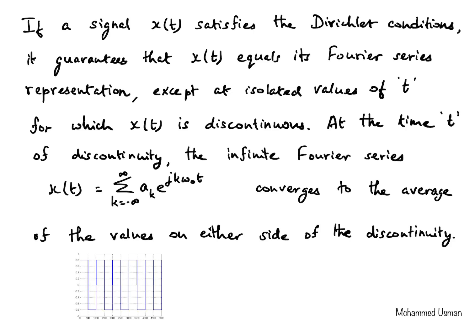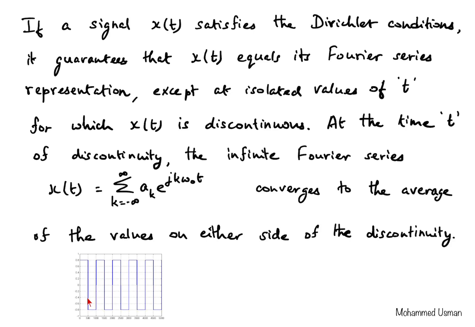So at t equal to 0.5 seconds, that is 500 milliseconds, the value of x of t produced by the Fourier series would be equal to 0. And that's what we mean by the Fourier series representation value converging to the average of the values on either side of the discontinuity.